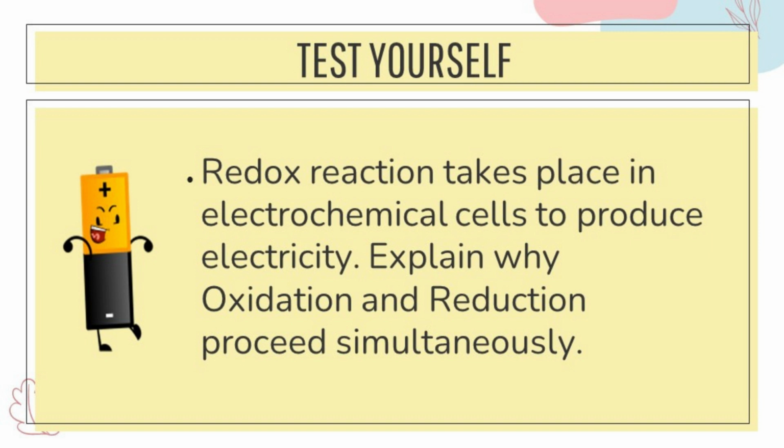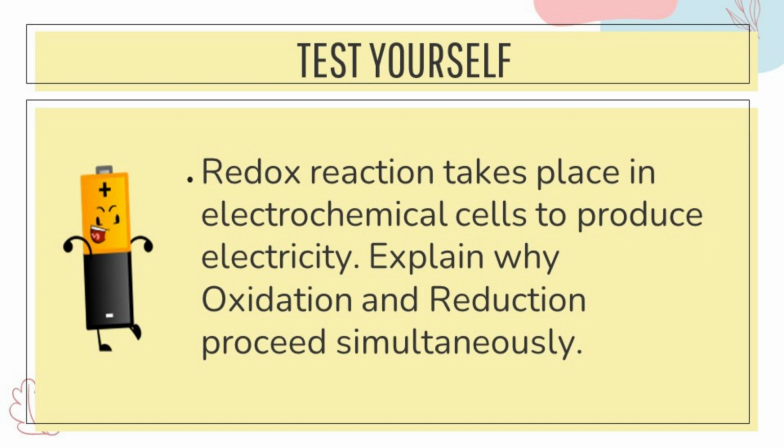Next, we have here the source of activity. In here, redox reactions take place in electrochemical cells to produce electricity. Explain why oxidation and reduction proceed simultaneously. The reason why oxidation and reduction proceed simultaneously is that we need to have balance in the transfer of electrons.